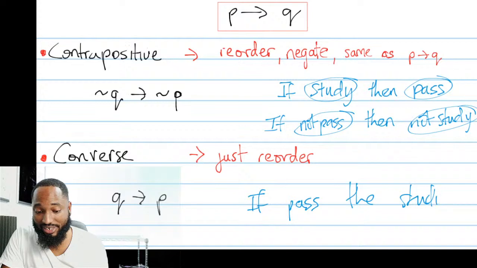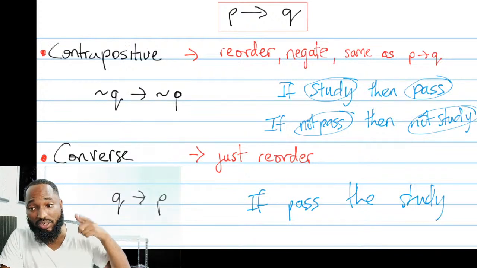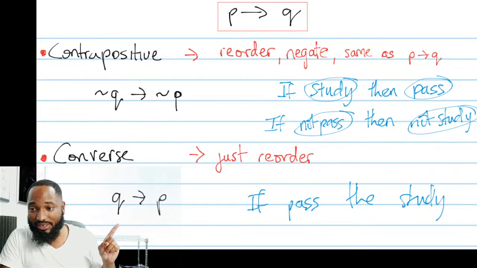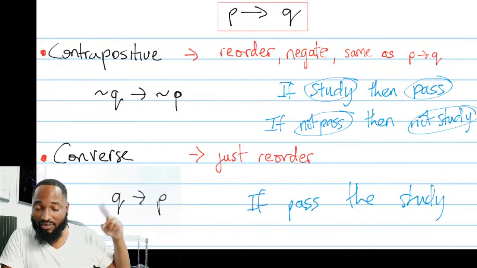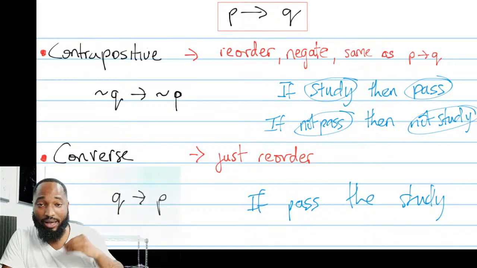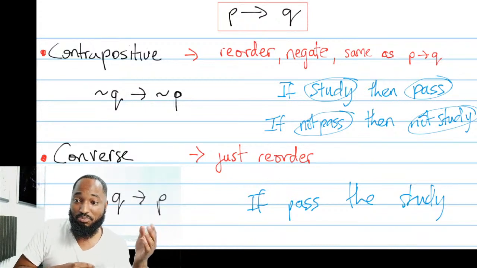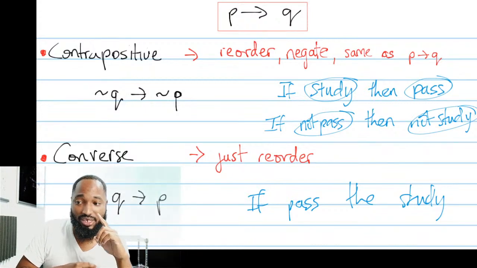This does not mean the same thing as if you study then you pass. This is saying that you're only passing because you studied. The initial statement is saying that if you studied, then you will pass, but you can still pass without studying.